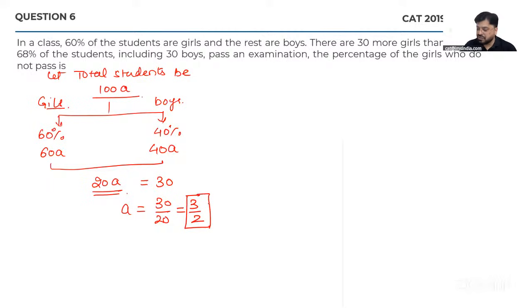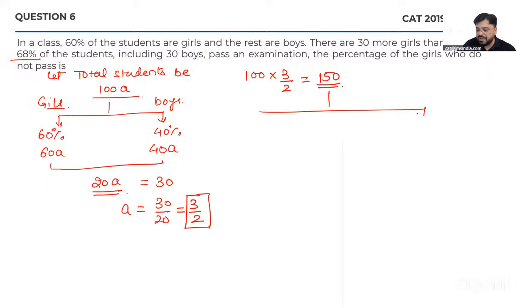Now, the total number of students will be 100 into 3 by 2, which will be 150. It says 60% of the students, including 30 boys, pass the examination.